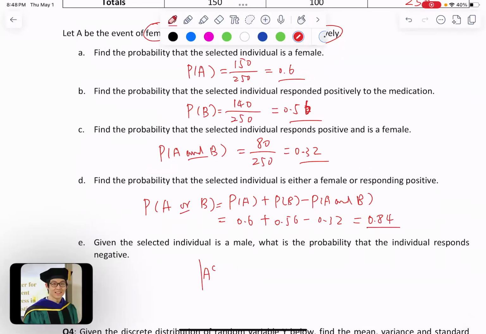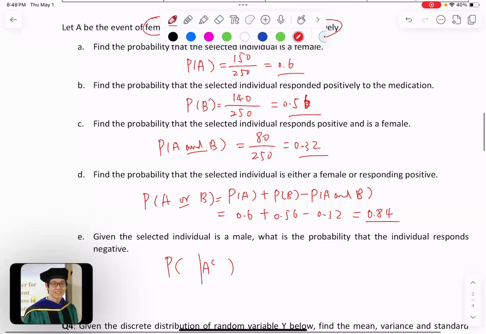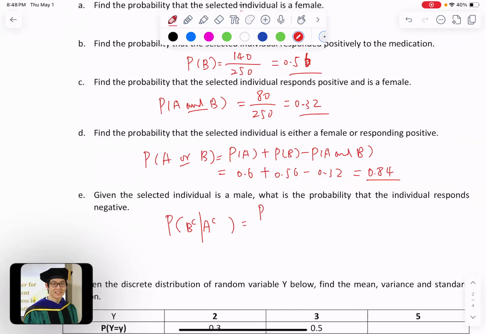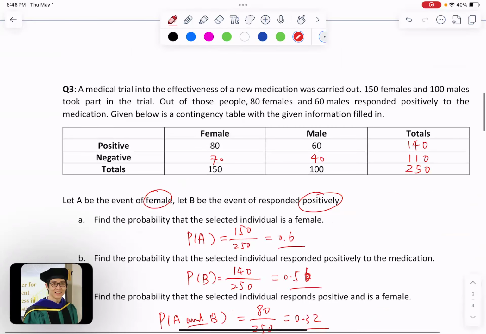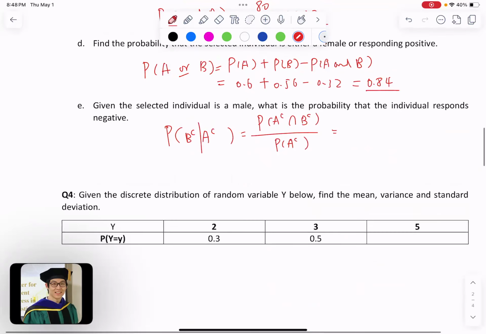And then E, given the selected individual is a male, so male means A complement. So conditioning on A complement, we want the probability of what? Negative, right? Negative is actually B complement. Using the formula, that's the probability of A complement and B complement over the probability of A complement. For the numerator, we just need to find the count. Male and negative, we have 40, so that's 40 over the grand total.